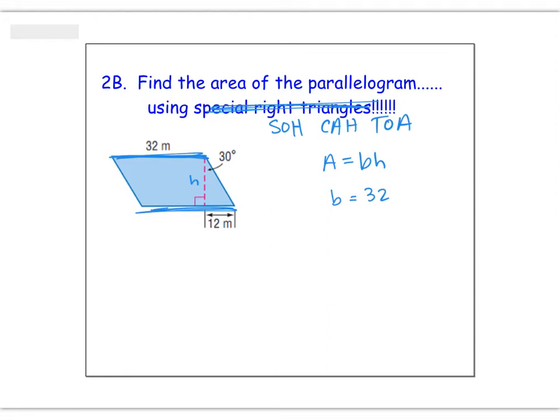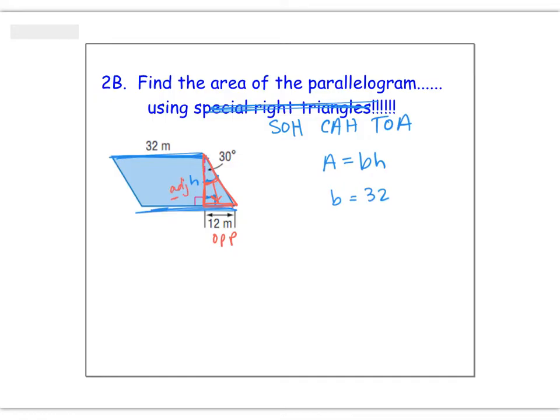So to do that, I'm going to look at the angle that they give me. This would be a 90-degree corner. We never use the 90, but we are going to use this red triangle right here. So here's our angle, the 30 degrees. The 12 is opposite of that angle. The H, the height of this parallelogram, that's actually the adjacent side.